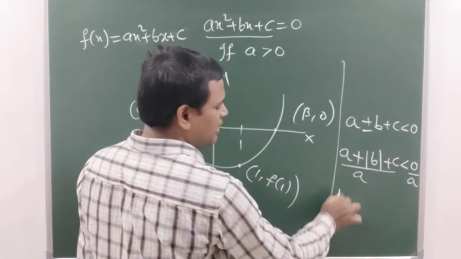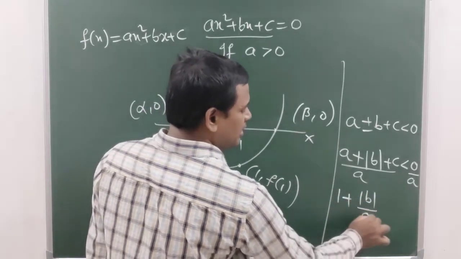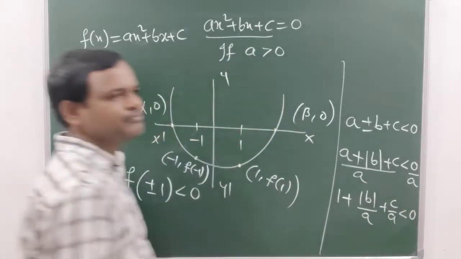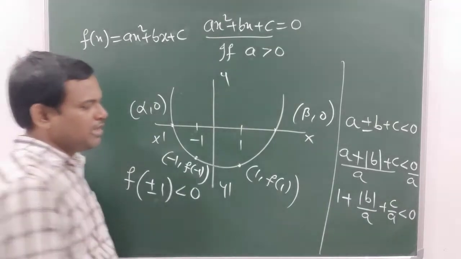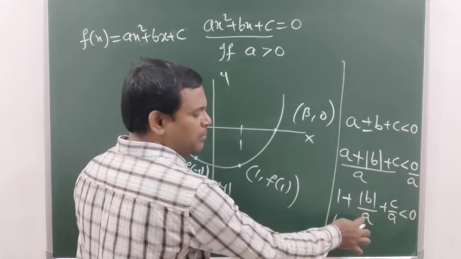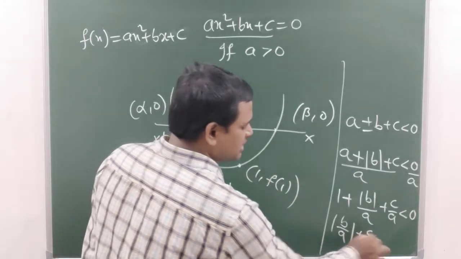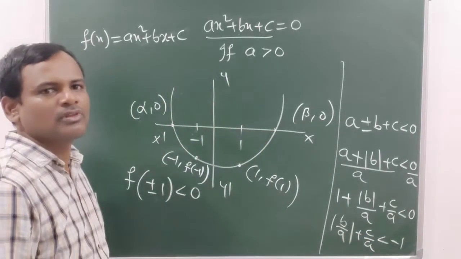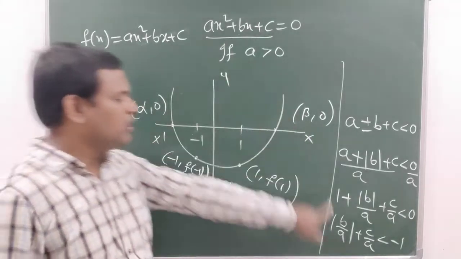So here what do we get? 1 plus mod b by a plus c by a less than 0. When you transfer 1 to the right side, you can write mod b by a plus c by a less than minus 1. Okay? So when a is positive, you have got this relation.